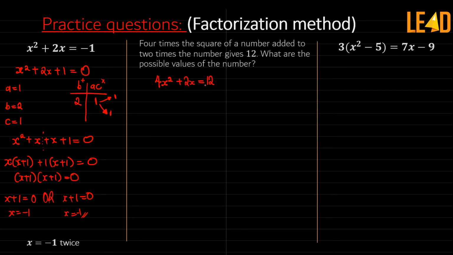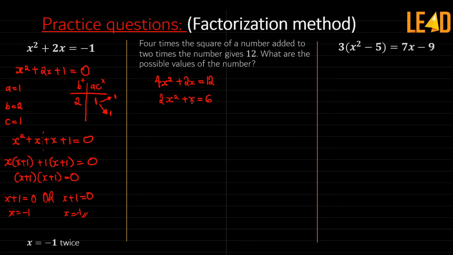Good. Now, for this you could work with it this way. Sometimes you could just divide everything by 2 to reduce the numbers you have to work with. If I do that, I'm going to have 2x squared plus x is equal to 6. Again, there's nothing wrong with working normally, but you could just divide everything by 2. The equation stays the same.